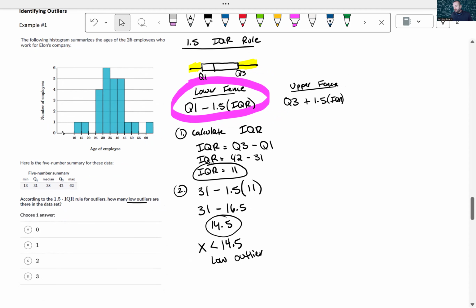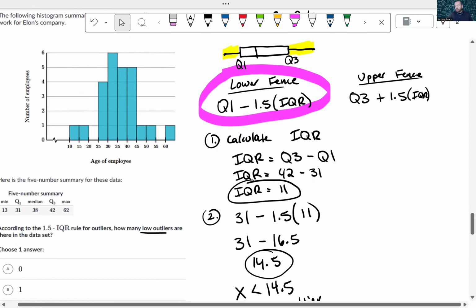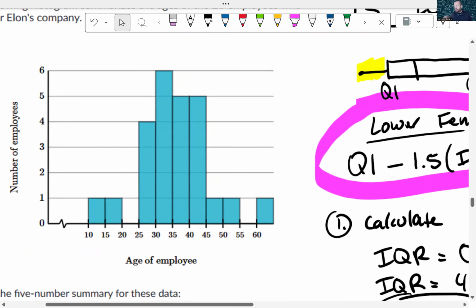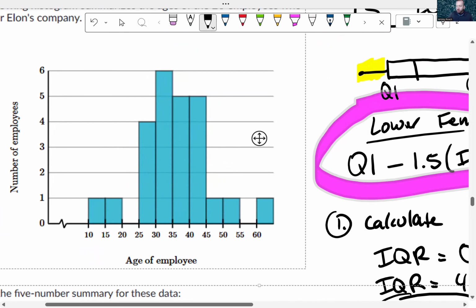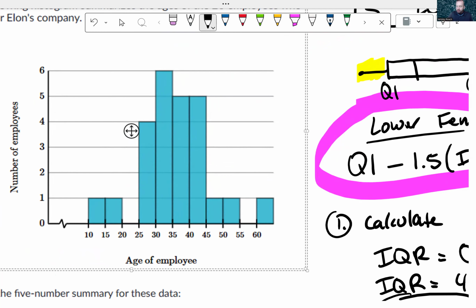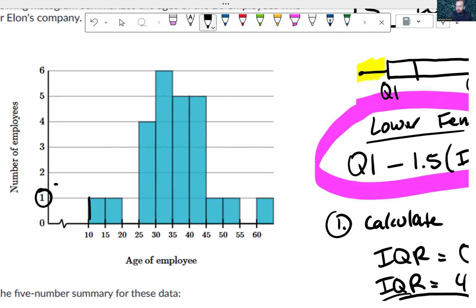Okay, now let's take a look at our histogram. We're looking for things that are less than 14.5. Here's what our histogram says. It tells us that we have one data point, it says one employee that's between 10 and 15 years of age.